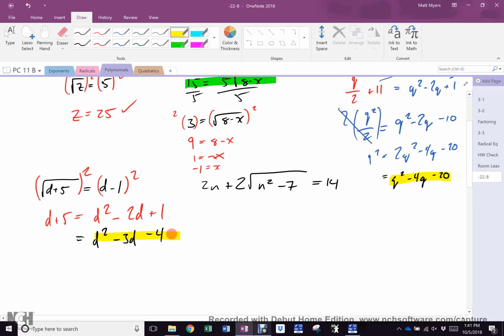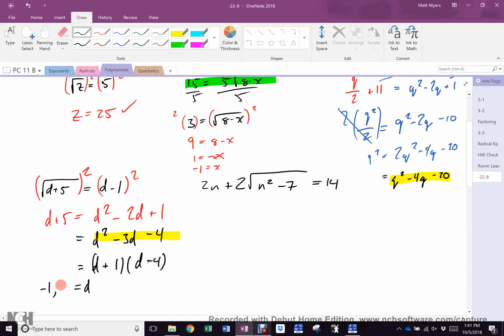What should you do with that? Starts with an F, ends with an R, has acto in the middle of it. Factor, and you get D plus 1 and D minus 4. So D has to equal what?